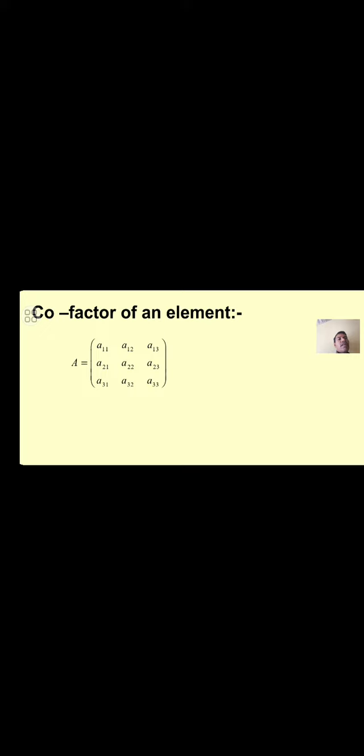Cofactor of an element. A equals A11, A12, A13; second row A21, A22, A23; third row A31, A32, A33.